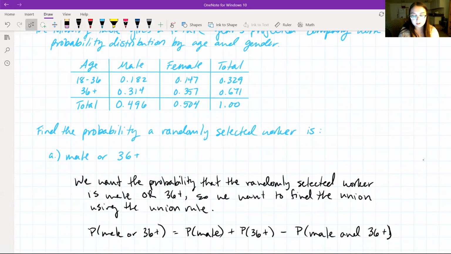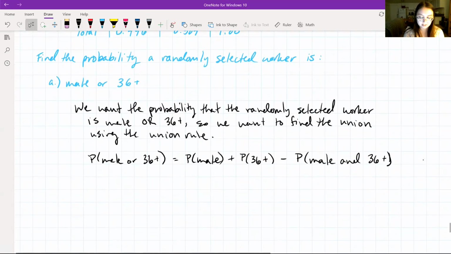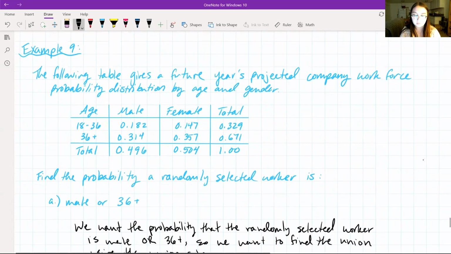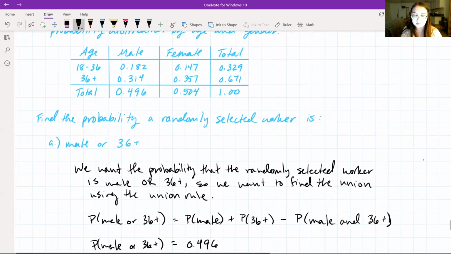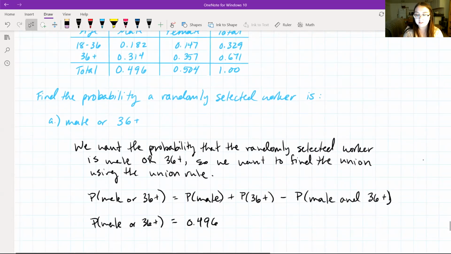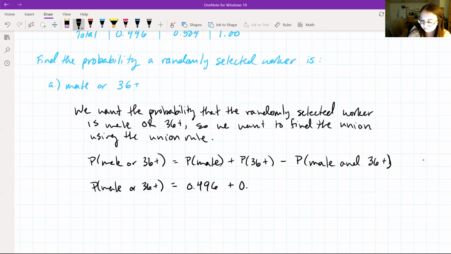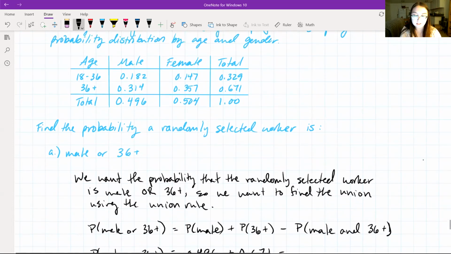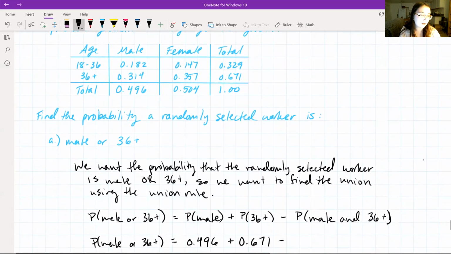So we know the probability of our worker being male is 0.496. Our probability of our worker being over the age of 36 is 0.671. And our probability that our worker is male and above the age of 36 is going to be 0.314.